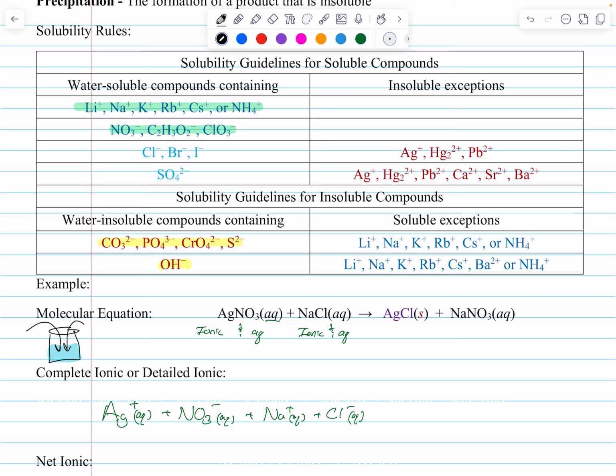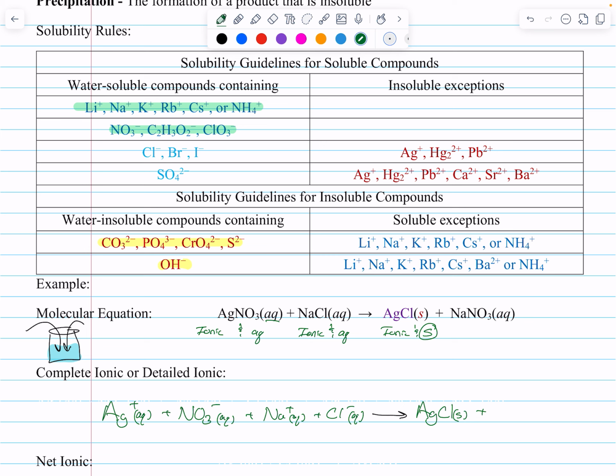Well, on the other side of the arrow, right, silver chloride. Silver chloride is ionic and solid. All right? So since it's solid, it stays together as AgCl solid.